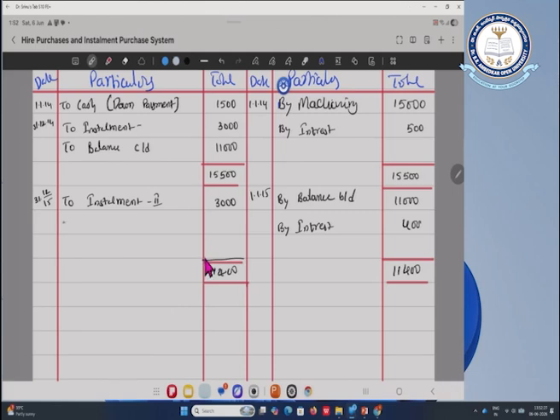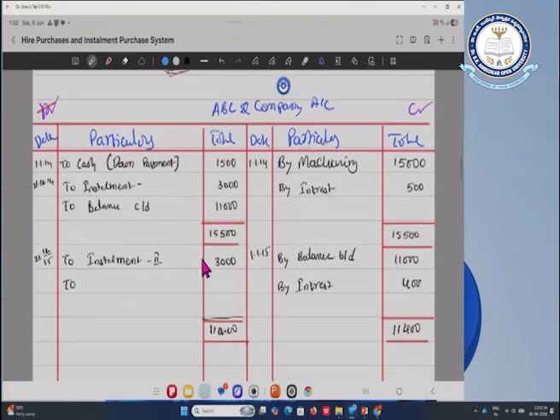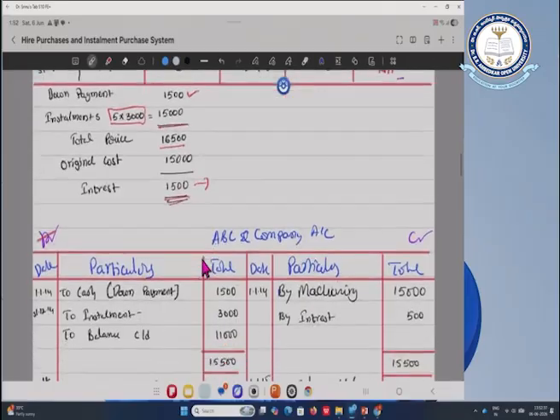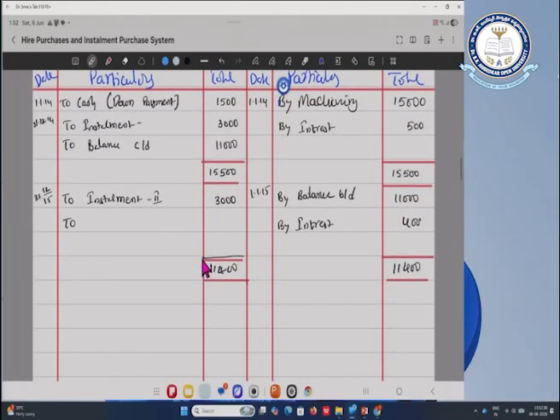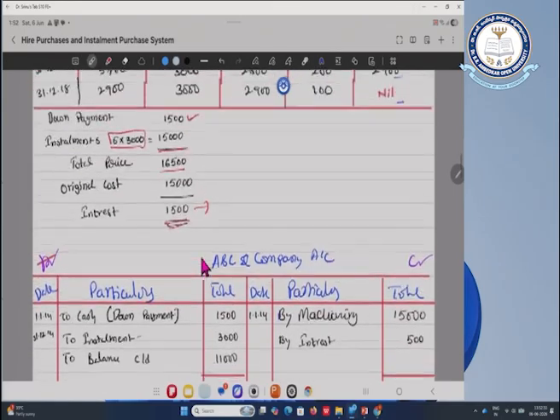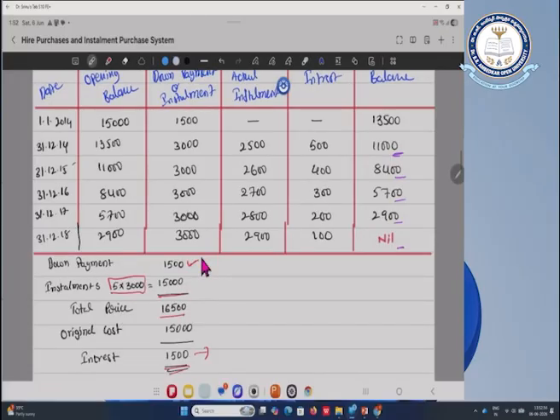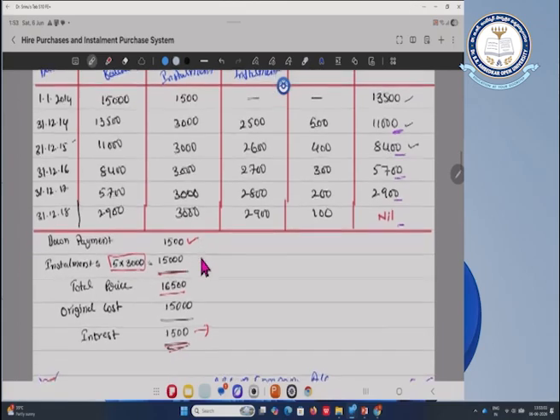So, the balance after payment of that 3000 is 8,400. If you observe here, the balance amount will come like this. This is the first year down payment balance, this is the first year ending balance, second year ending. Like that it will come.